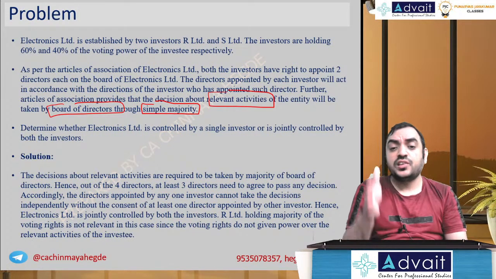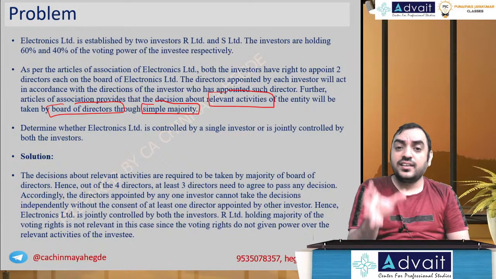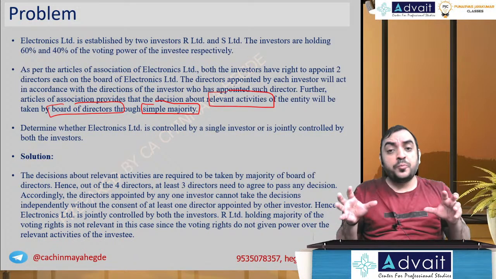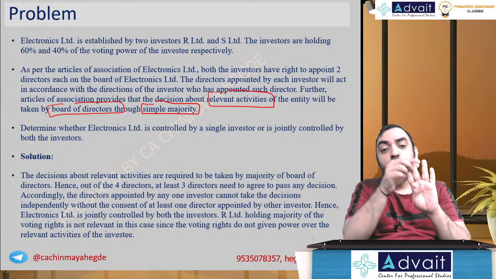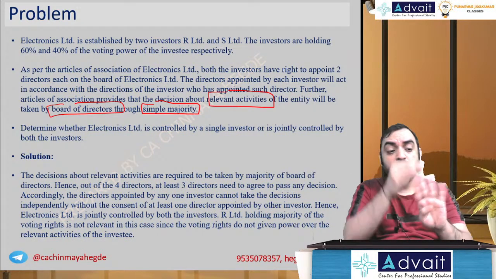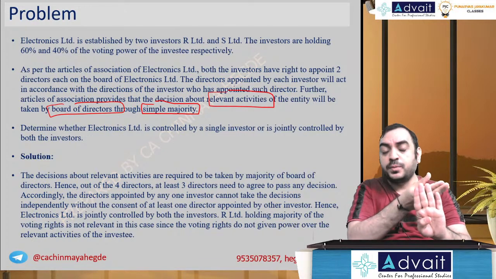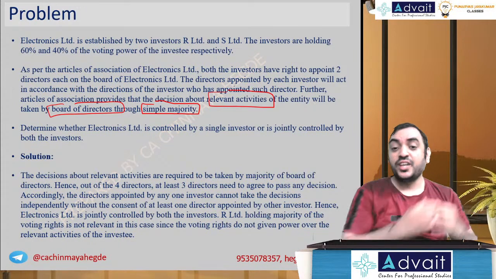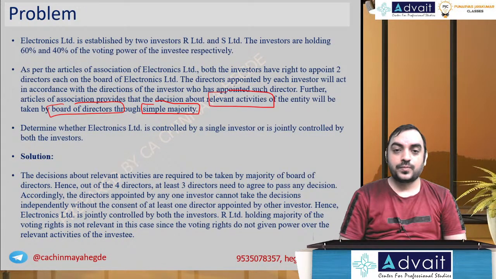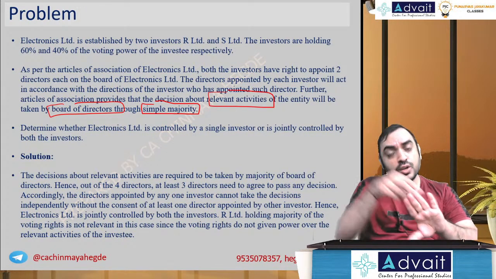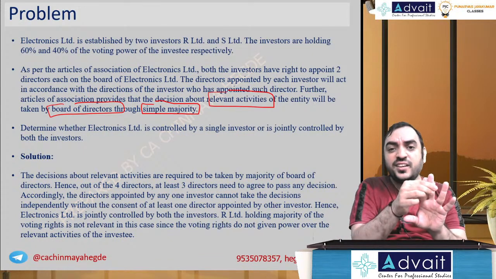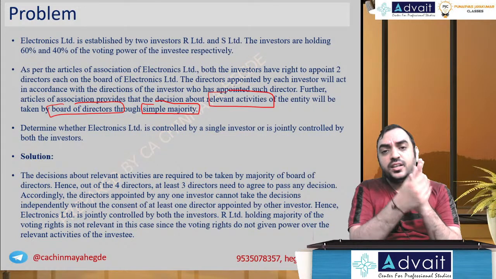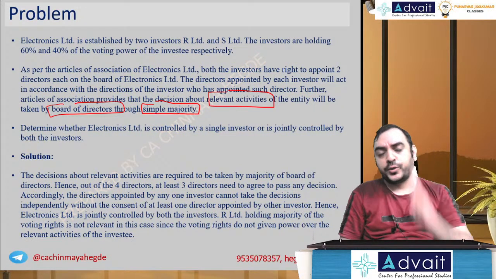Now, in this case, relevant activities are decided by the board of directors. How many directors are there? Four. Two appointed by the 60% holders, two appointed by the 40% holders. They have also said they will listen to their respective appointers. So two directors will listen to the 60% holders, and the remaining two directors will listen to the 40% holders. So there are totally 2 plus 2, 4 directors.